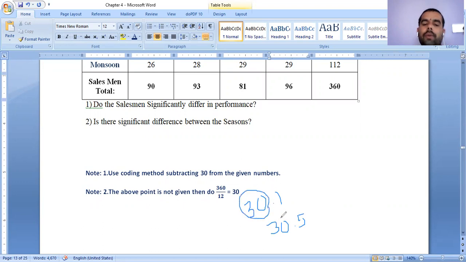In this given question, 360 divided by 12 is equal to 30. Sir, what is this 30? With this 30 you are going to start your problem.